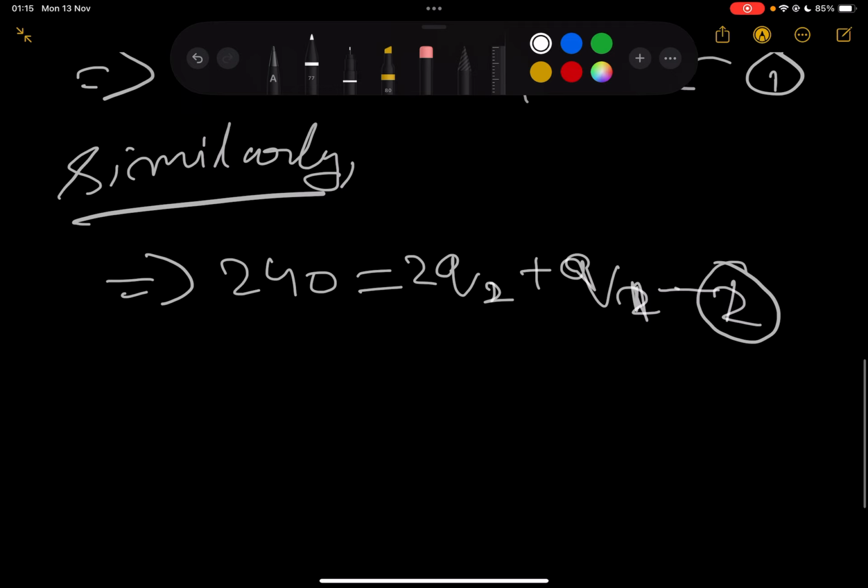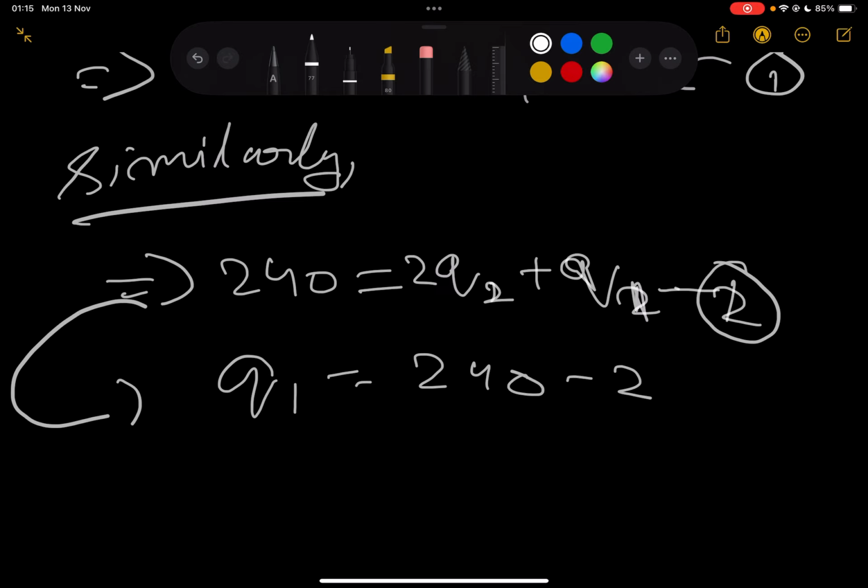Now from this equation we can derive that q1 is equal to 240 minus 2q2. This is equation 3.